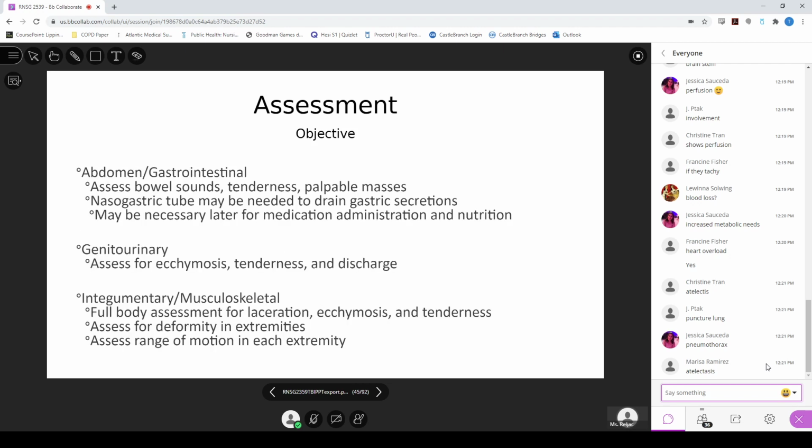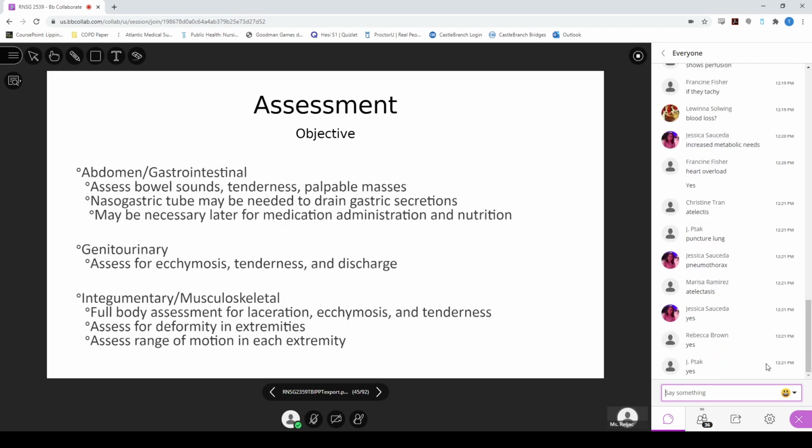Pneumothorax, does that show on the x-ray? Yes, it does. Okay, so now you have your abdominal and your gastrointestinal. So you're going to assess the bowel sounds, tenderness, palpable masses, the same as you do with a normal assessment. And what would be a sign of internal hemorrhage or perforation?